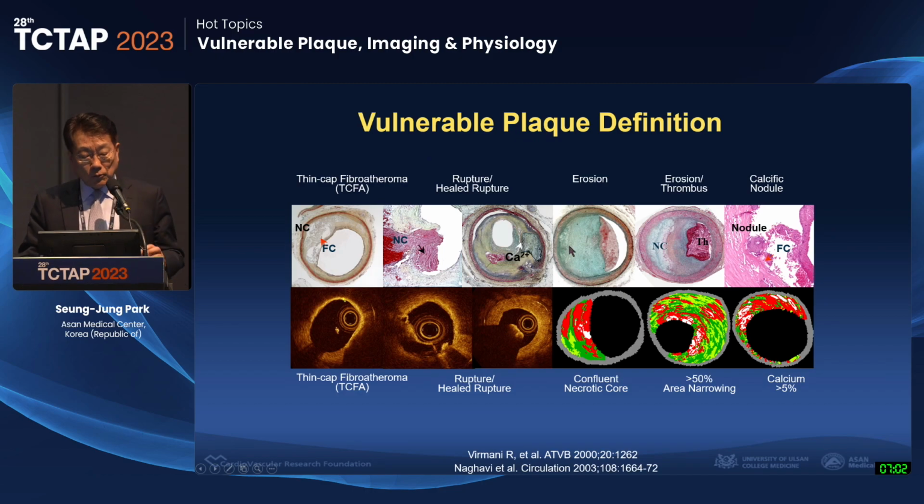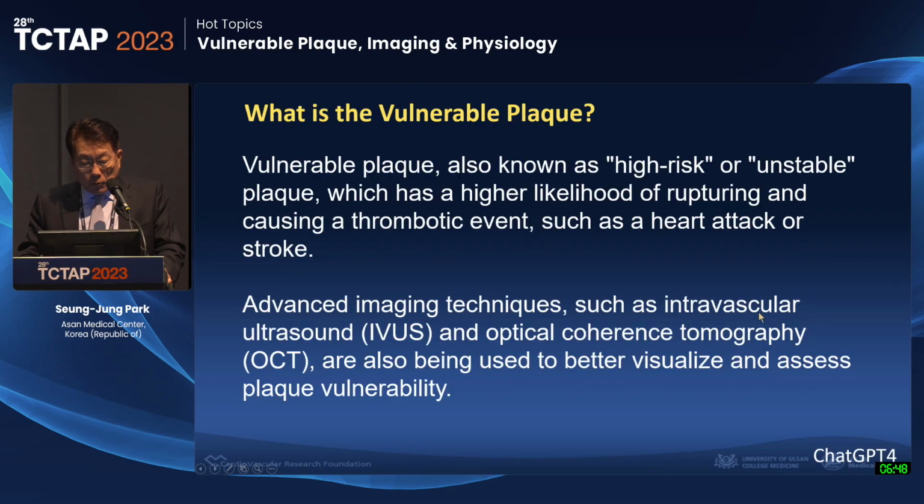Right. Vulnerable plaque by pathologic definitions: TCFA, fibroatheroma, rupture, erosion, and calcific nodule, supported by many imaging studies with almost the same findings.